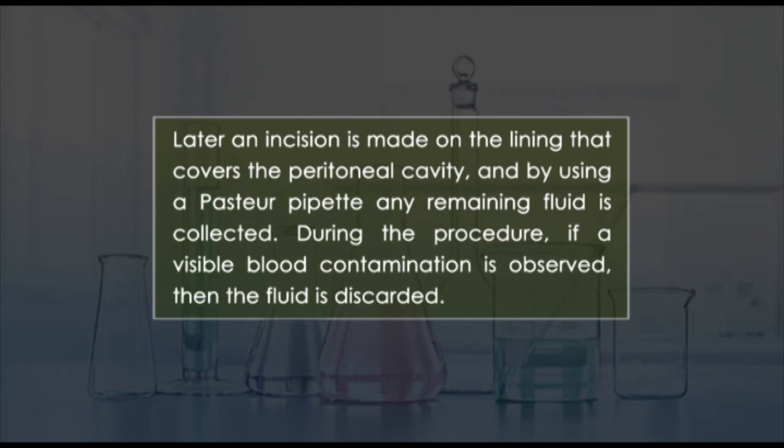Maximum possible amount of peritoneal fluid is collected with the syringe needle. Later, an incision is made on the lining that covers the peritoneal cavity, and by using a Pasteur pipette, any remaining fluid is collected. During the procedure, if a visible blood contamination is observed, then the fluid is discarded.